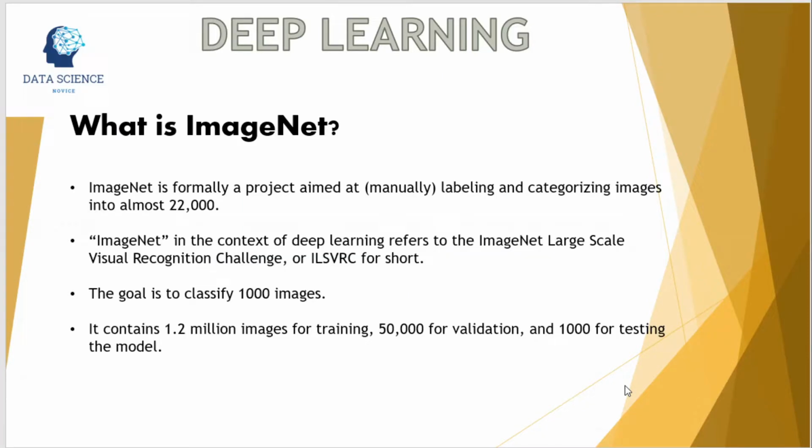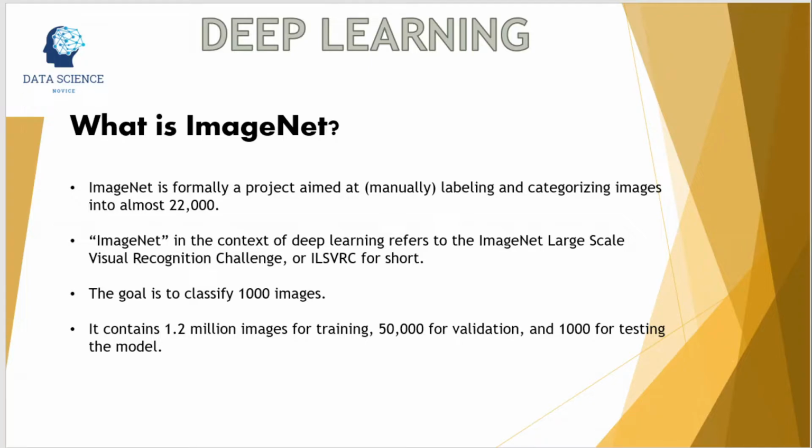So what is ImageNet? ImageNet is formally a project aimed at labeling and categorizing images into almost 22,000 separate object categories for the purpose of computer vision research. However, when we hear the term ImageNet in the context of deep learning and convolutional neural networks, we are likely referring to the ImageNet Large-Scale Visual Recognition Challenge, or in short ILSVRC.